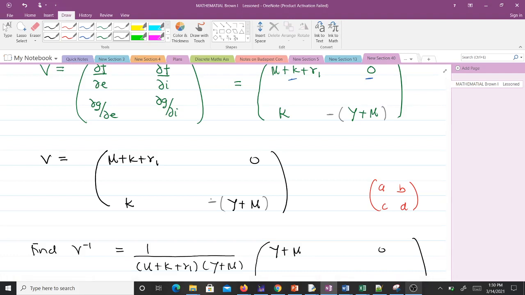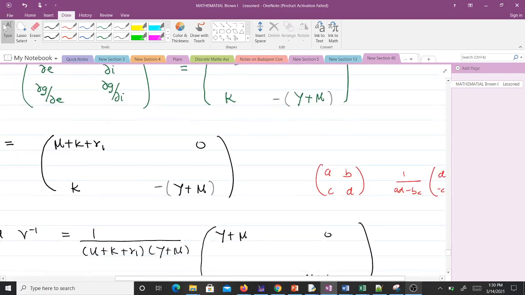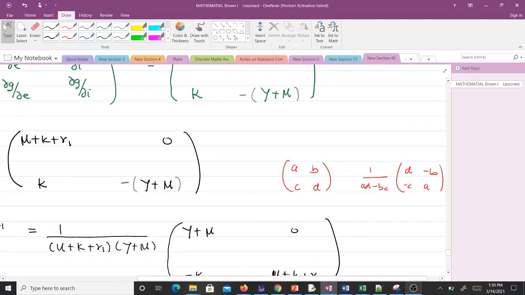V inverse. Alright. So to find V inverse, when you have a 2 by 2 matrix, say A, B, C, D, finding the inverse, you have 1 over the determinant, which is AD minus BC. Then interchange the position of these two and you negate the others.